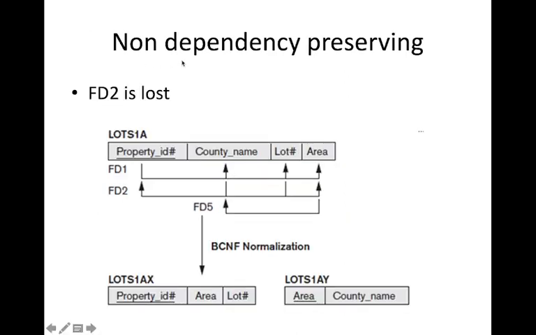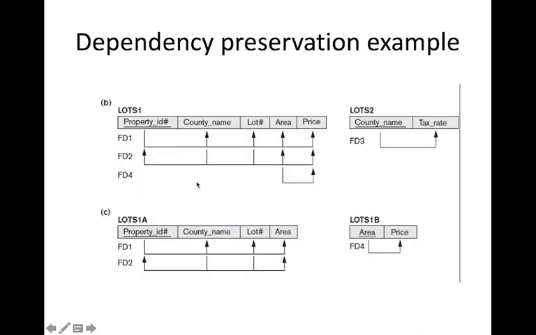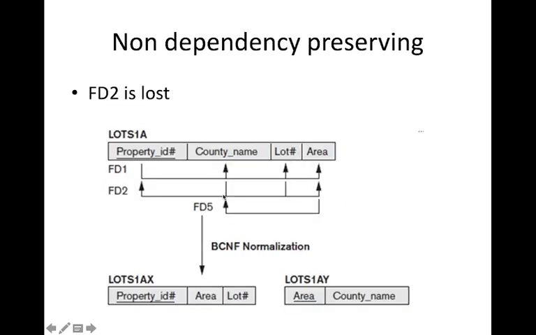Then this is an example of non-dependency preservation. Here we take Lots 1A, which we have already studied. If we try to normalize it into BCNF, there is a functional dependency area to county name. It is in third normal form because county name is a prime attribute, even though area is not a super key.